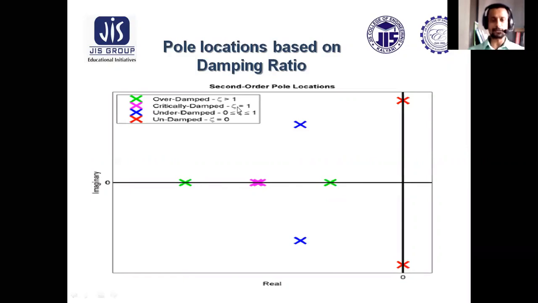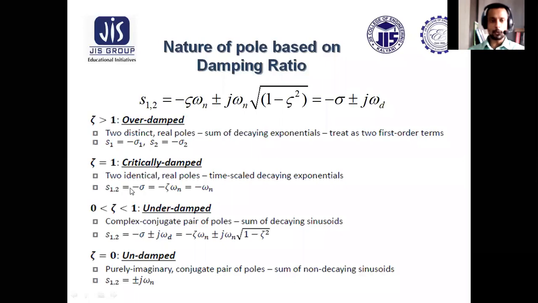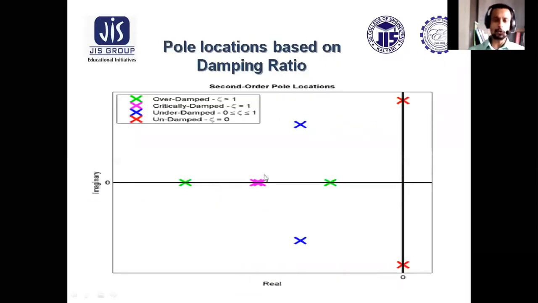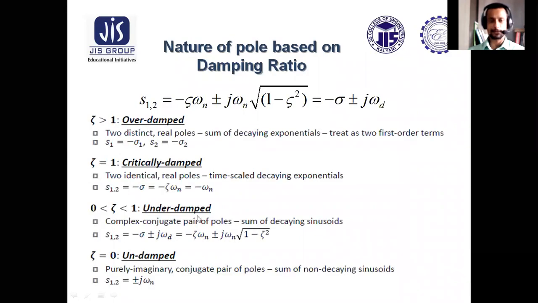For a critically damped system, zeta equals 1. Both the poles will be located at minus omega n. So multiple poles will be located at the same place, which is shown by pink. For critically damped, both the poles are located at the same point, and the poles are real values. Now for an underdamped system, zeta 0 to 1, poles will be complex.